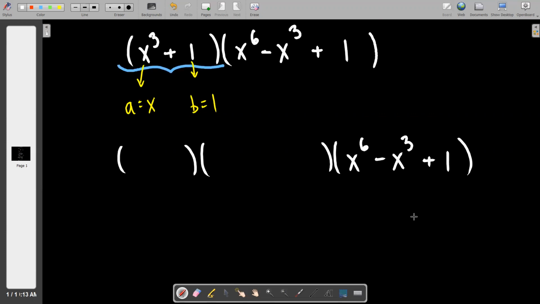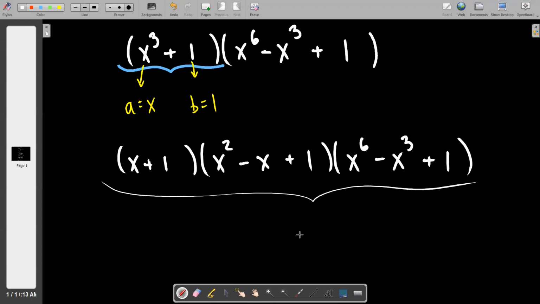Offspring producing offspring over and over again. So now that I know my new A and B values, what will my short set be on the new X plus 1? And this is your final answer.